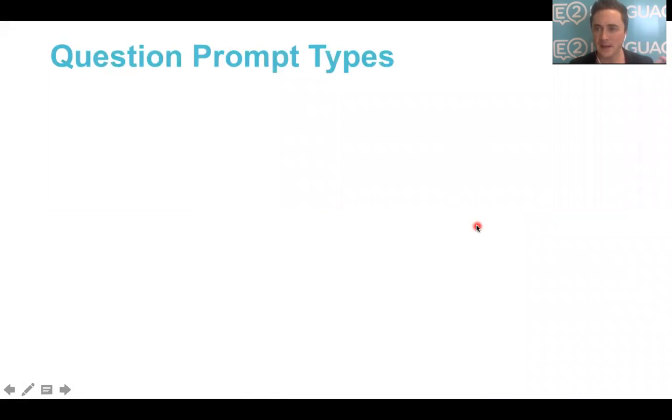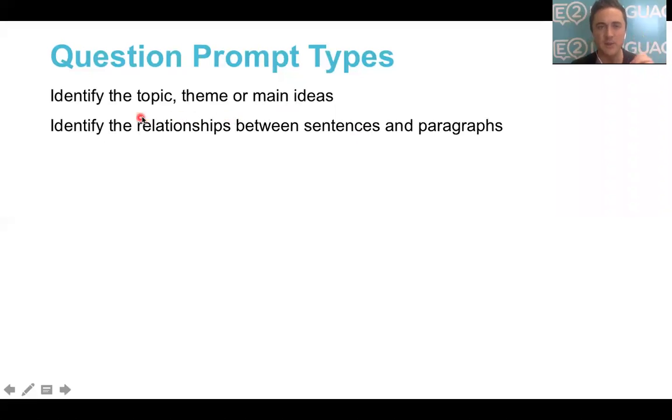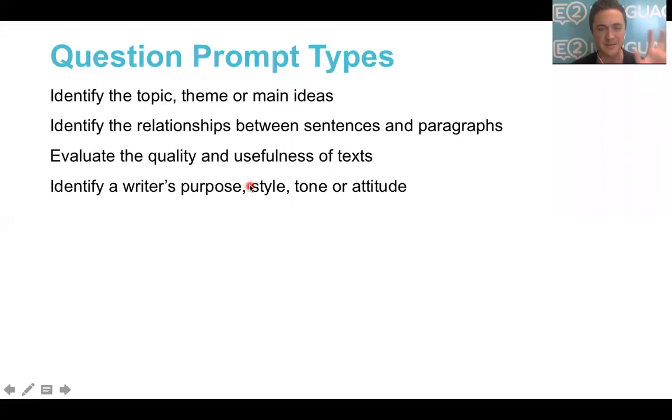Okay. Here are some other types of prompts that you might see. You might see one that asks you to identify the topic, theme, or main idea. You might see one that asks you to identify the relationships between sentences and paragraphs, or evaluate the quality and usefulness of texts. This is taken straight from PTE, so it's a bit funny language. The question prompt might ask you to identify a writer's purpose, style, tone, or attitude.